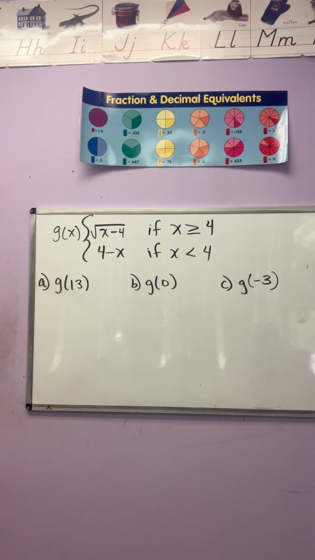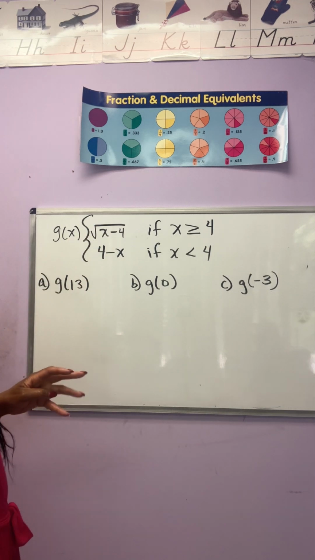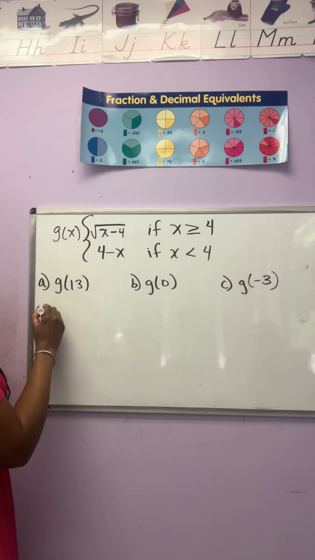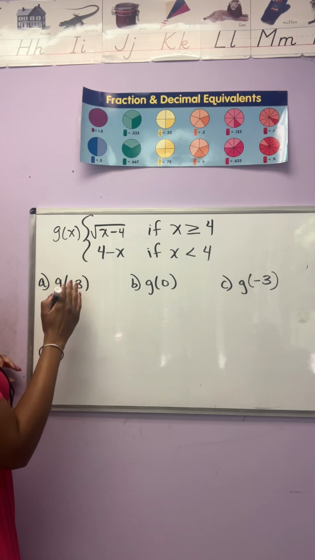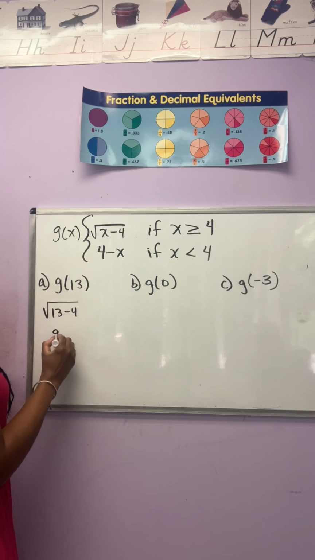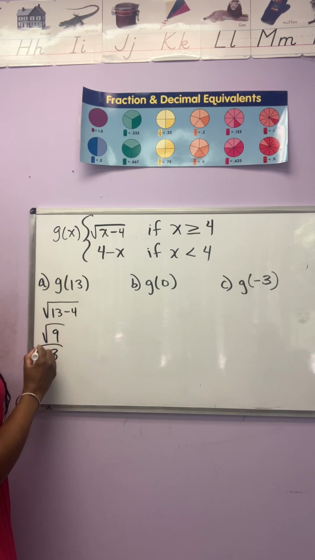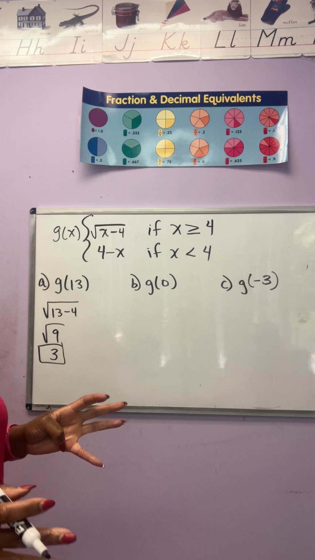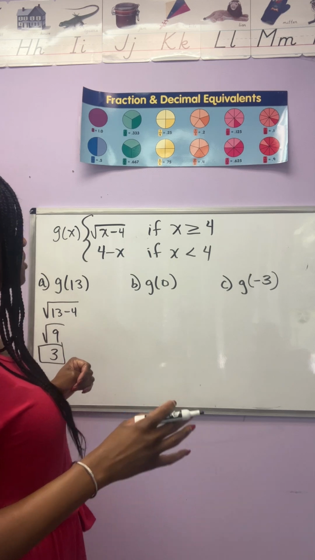Okay, so 13 is greater than 4, so where I see x, I'm going to plug in 13. So 13 minus 4, which is 9, and the square root of 9 is 3. Okay, so that was pretty easy. Now let's plug in 0.